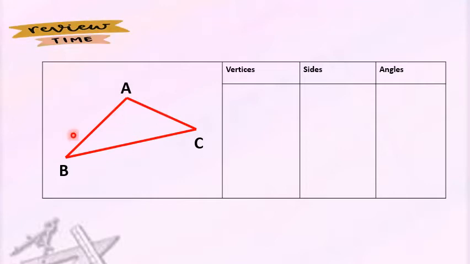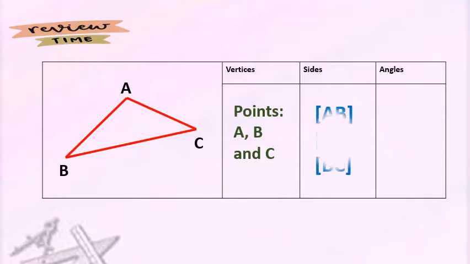Now angles, we said this is an angle. For example, I take the extremity of the first side A, then come to the vertex B, then go back to C. So the vertices are the points A, B, and C, while the sides are side AB, side AC, and side BC.